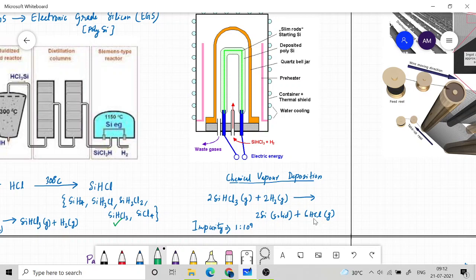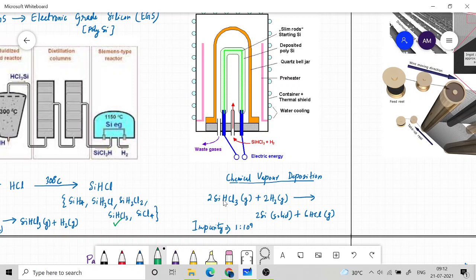Hydrogen chloride is a gas which can be taken out, so through this waste gases will be collected out. Now this is a chamber inside which, if you look, an arc shaped thin rod is placed. A very slim rod of polysilicon material. That will be just placed here.